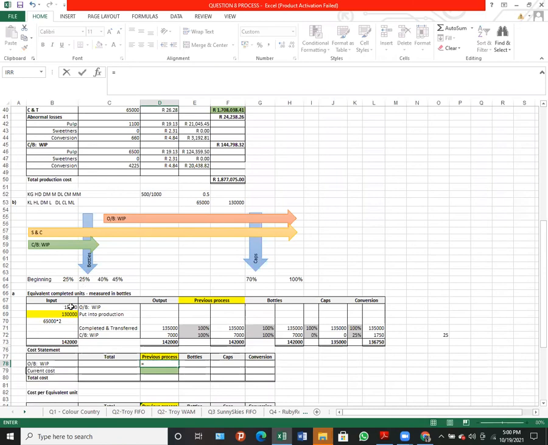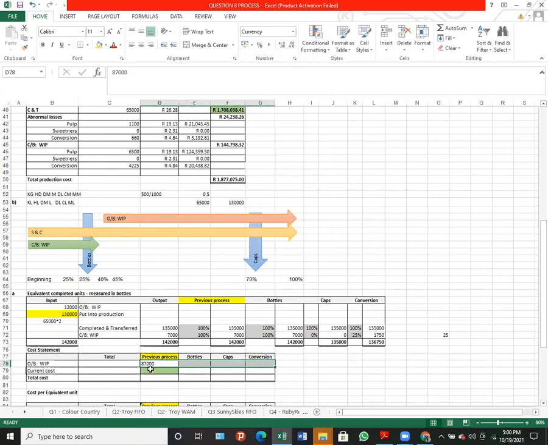This is equals to 12,000 times R7.5. 87,000. Okay. 87,000, eh? Is equals to 87,000. Let me put this in currency.